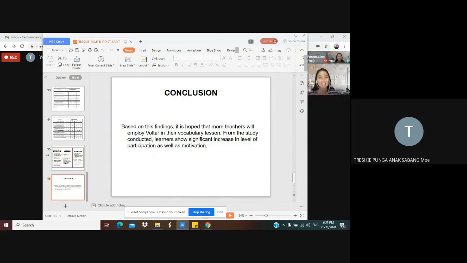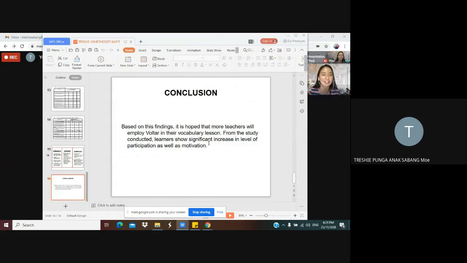So as a conclusion, based on this finding, it is hoped that more teachers will use it. Learners show a significant increase in their level of participation in the way that they are playing, which is something that children will love the most. They love it very much.